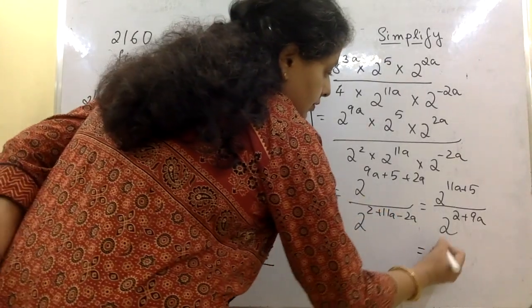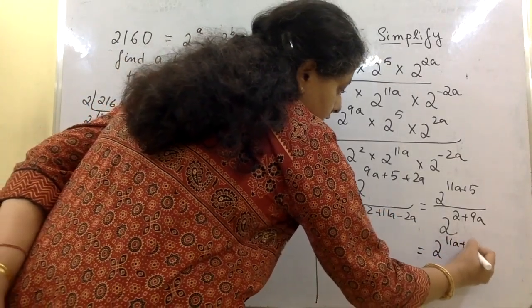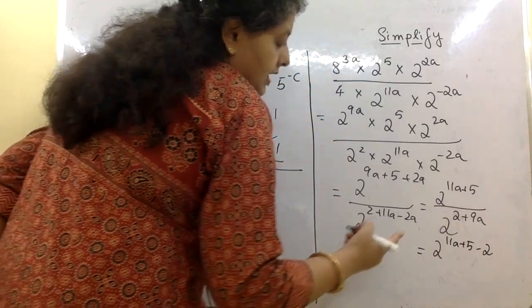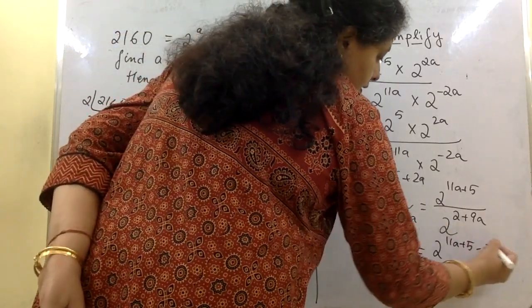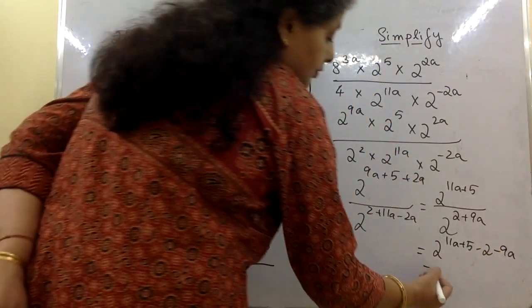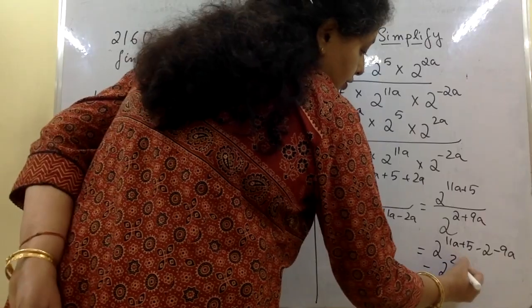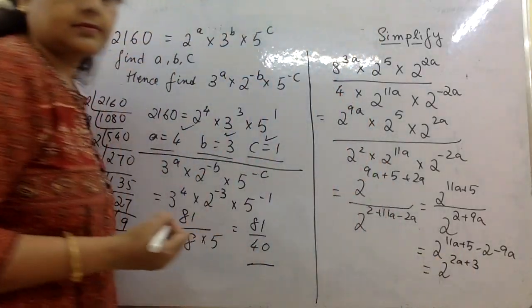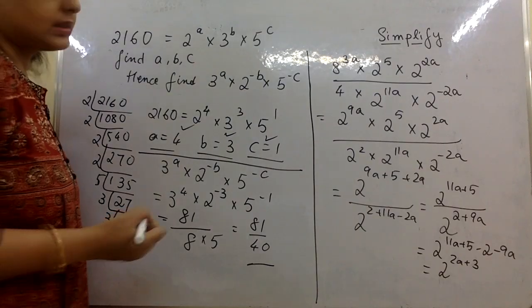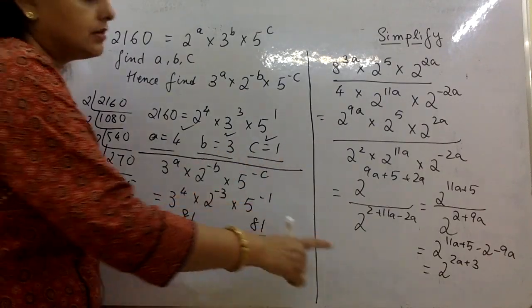That is equal to 2 to the power 11a plus 5 minus 2 minus 9a, that is equal to 2 to the power 2a plus 3. 2 to the power 2a plus 3 is the final answer.